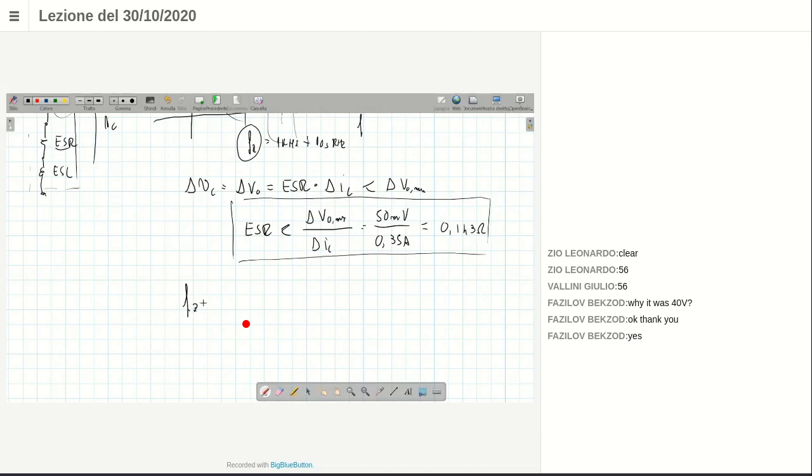This frequency of this zero turns out to be 1/2 pi ESR times the capacitance.